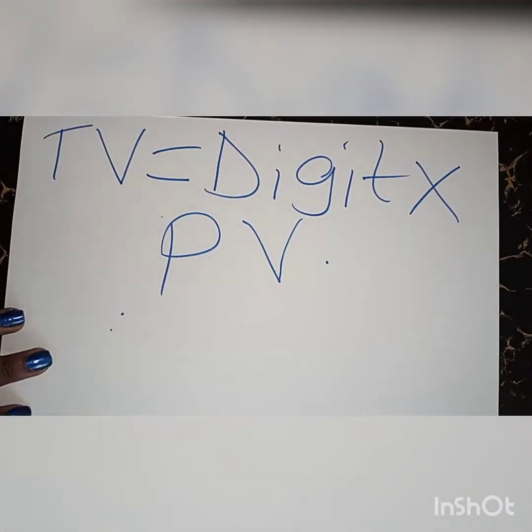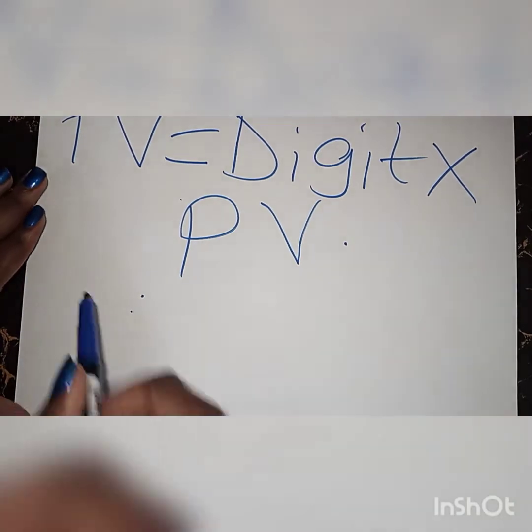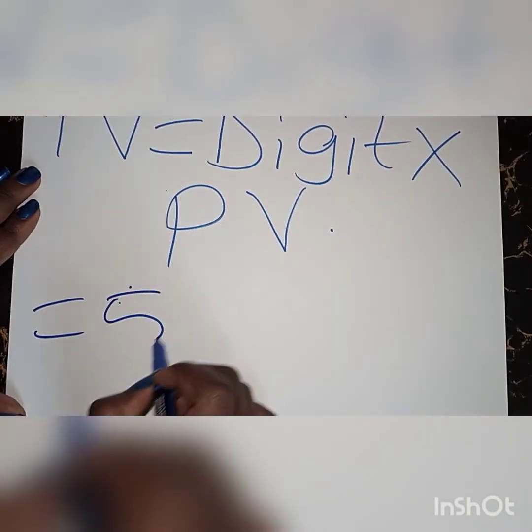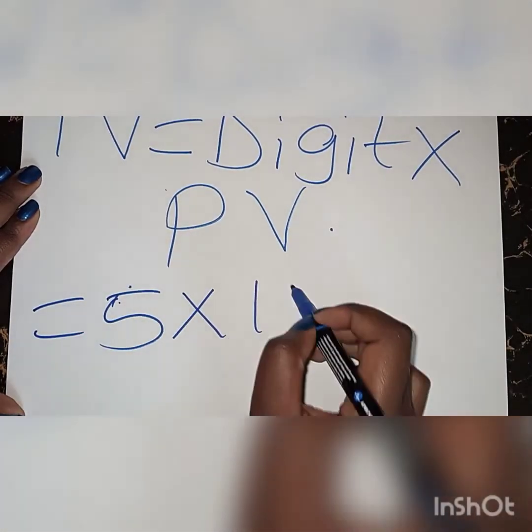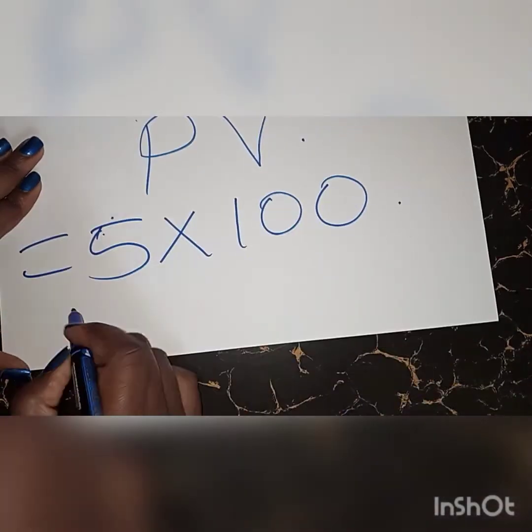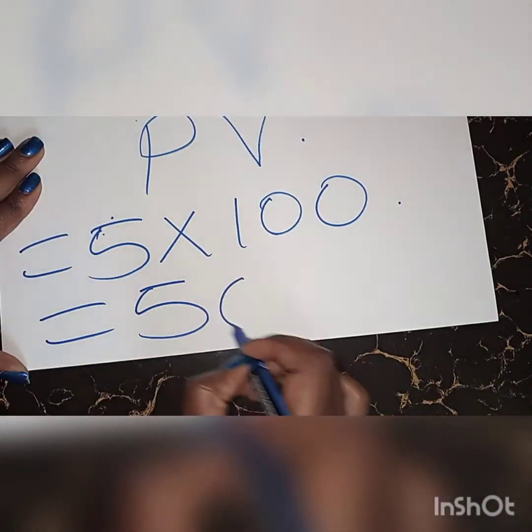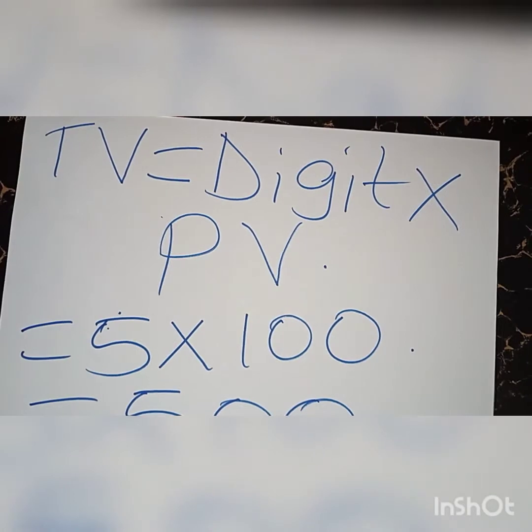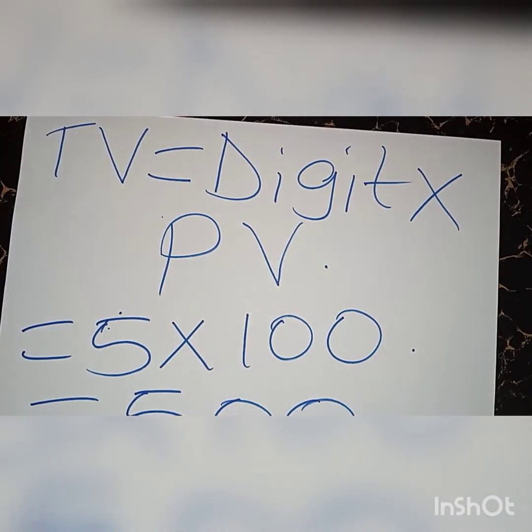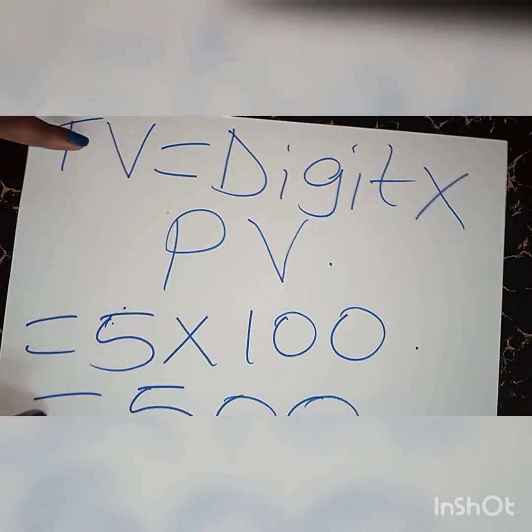So the total value of 5 in this number will be 5, the digit, times 100. So that means that the actual total value of the second digit of this number is 500. Are we together? And that will be the answer. So the total value of the second digit in the number formed is 500. That was quite easy, right? Quite easily done.